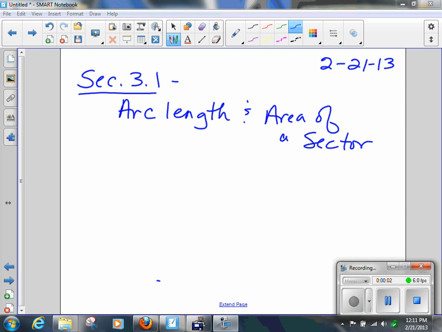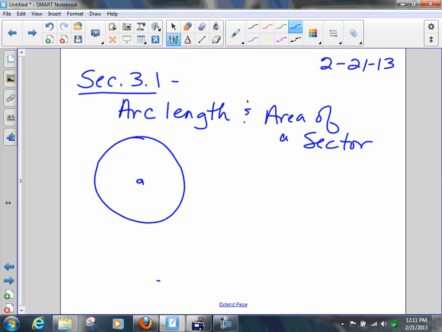There we go. Now, we were talking yesterday about the arc length. Here's your arc. Arc length is a linear measure that is a portion of the circumference. I could literally take a tape measure and measure around the crust of that pie.